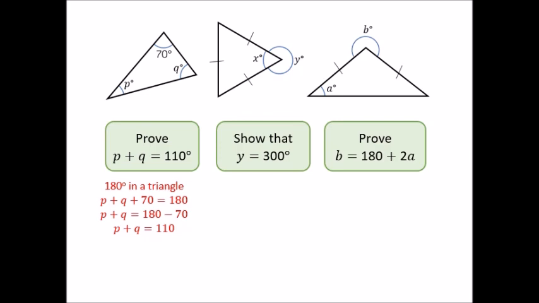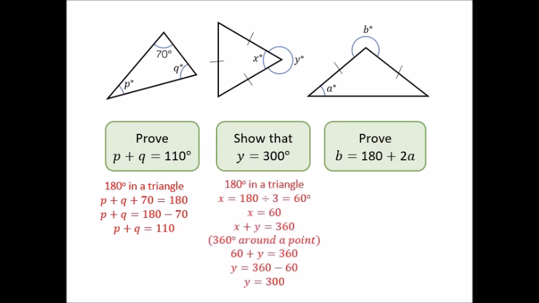To show that y equals 300 degrees, first we have to recognise that that is an equilateral triangle. That's what the lines mean. Therefore, each interior angle is the same. We can do 180 divided by 3 to get 60, or you may already know that there are 60 degrees in each corner of an equilateral triangle.